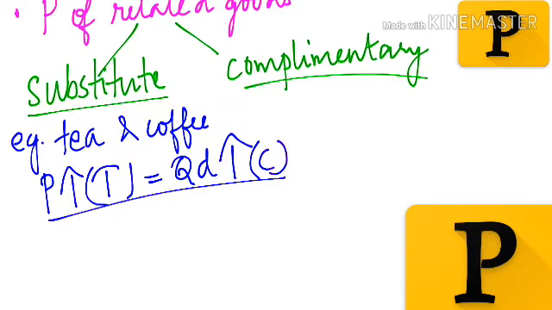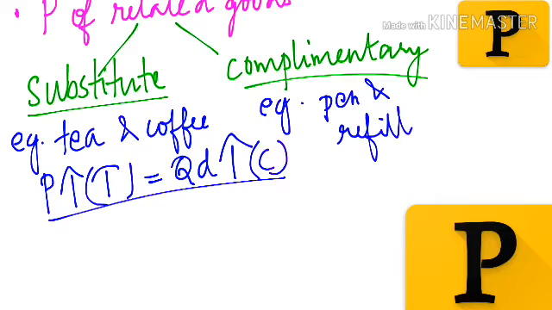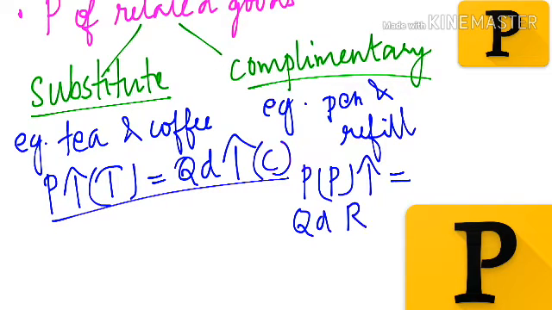Now let us see complementary goods. Example, pen and refill. Suppose the price of pen has increased. What would happen to the demand of refill? Demand of refill would come down because they are complementary goods. Complementary goods means those goods which have to be used together. They cannot be used separately. So without pen you cannot use the refill.